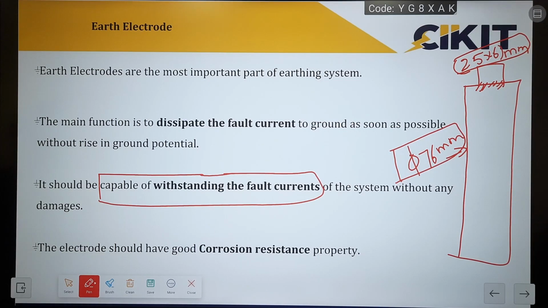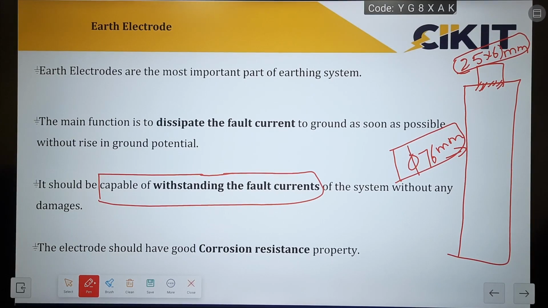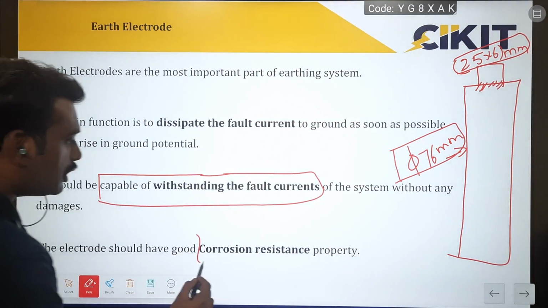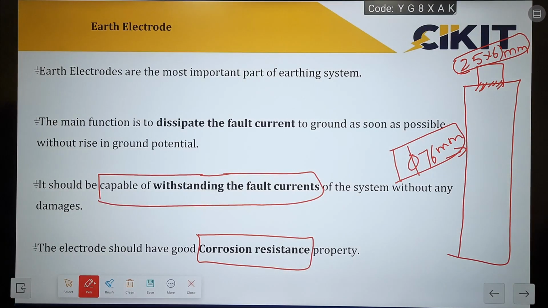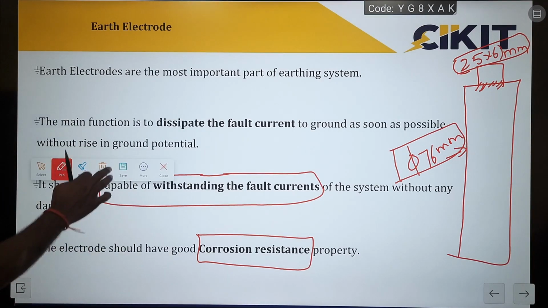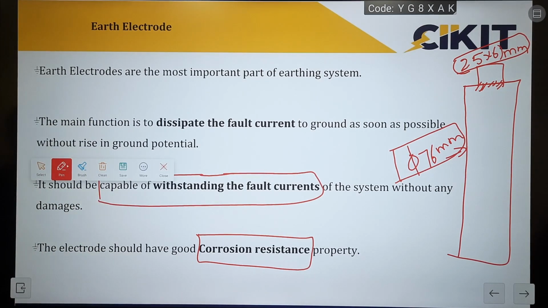And since we are placing this earth electrode directly in the soil, it should have good corrosion resistance. Even though aluminum is a very good conductor, because of its poor corrosion resistance we do not recommend aluminum for earthing applications. The earth electrode we select should have good corrosion resistance and, at the same time, be able to withstand the fault currents.